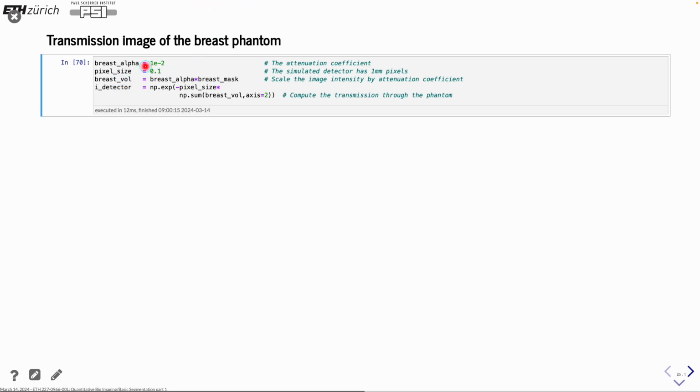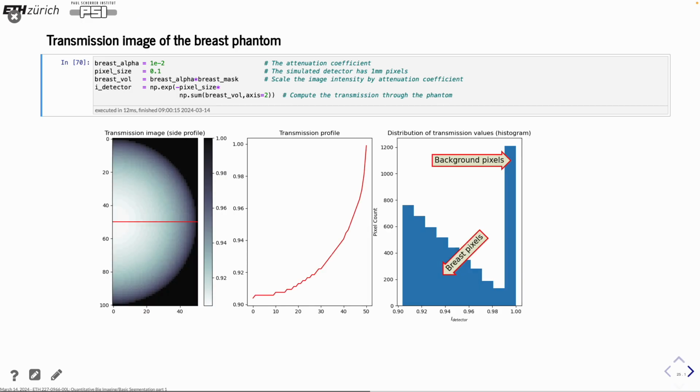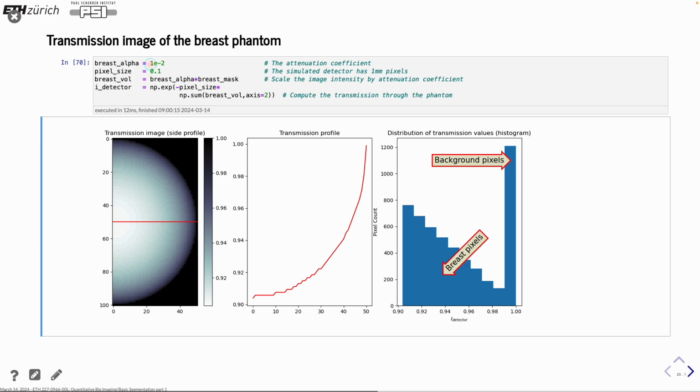The volume is then, in principle, the breast alpha multiplied with the mask, and then we compute this transmission image from that. The result is an image, which would be the radiograph from the side profile. And looking at that, we have the highest intensity here.